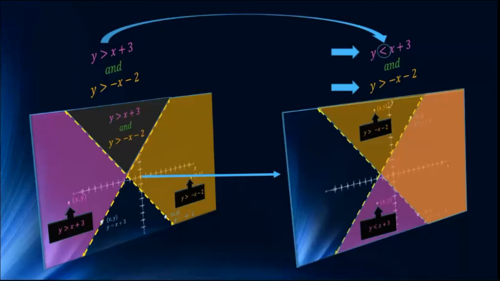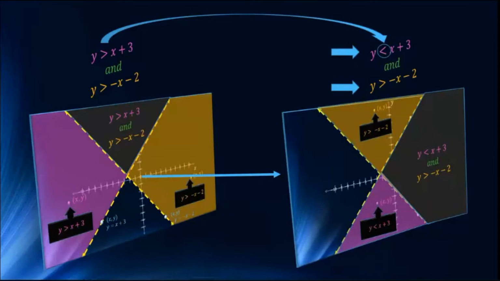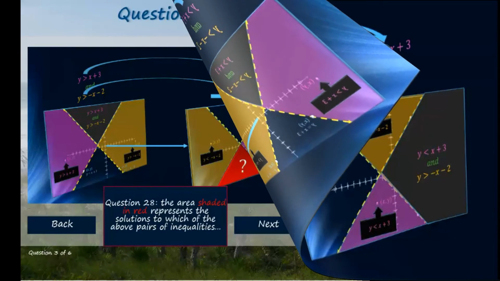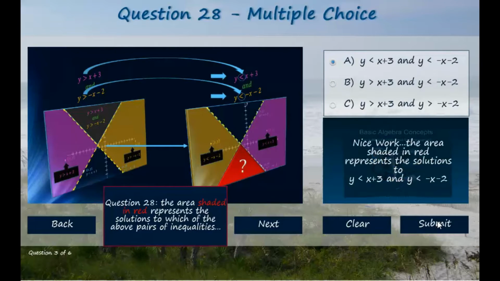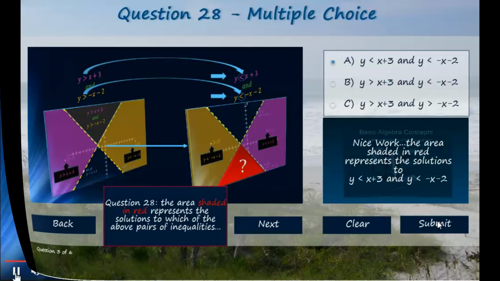But our intersection area of the graphs is different. Nice work. The area shaded in red represents the solutions to y is less than x plus 3 and y is less than negative x minus 2.